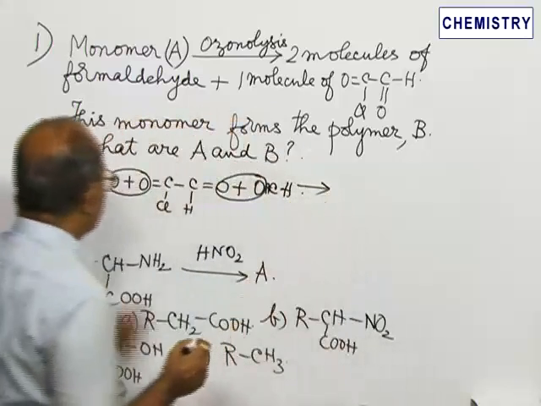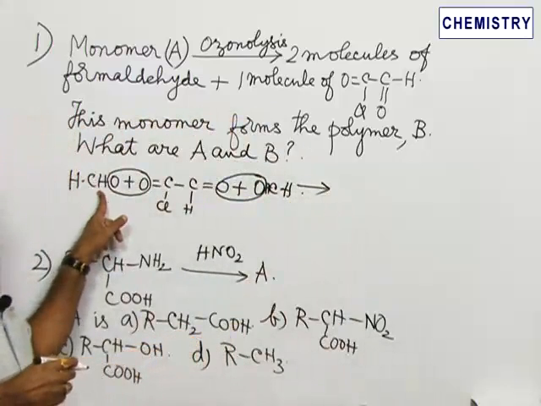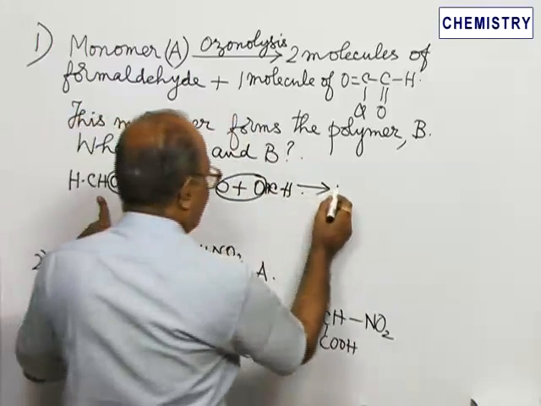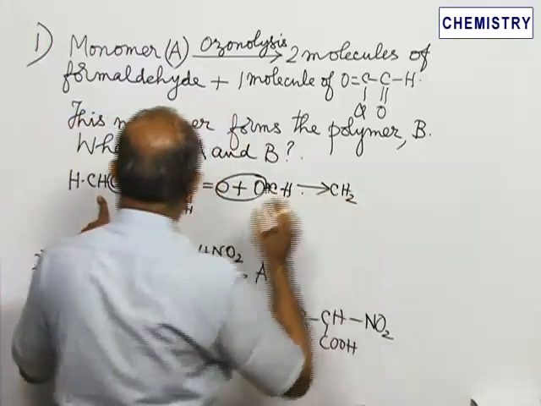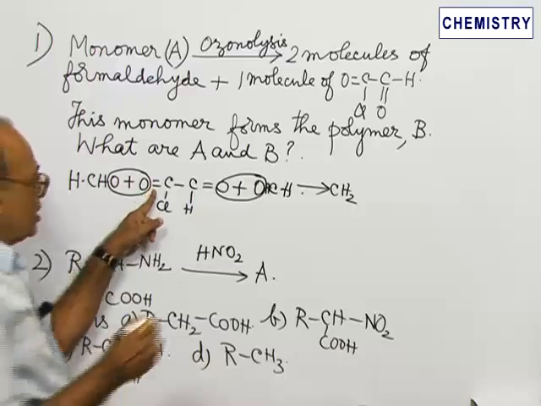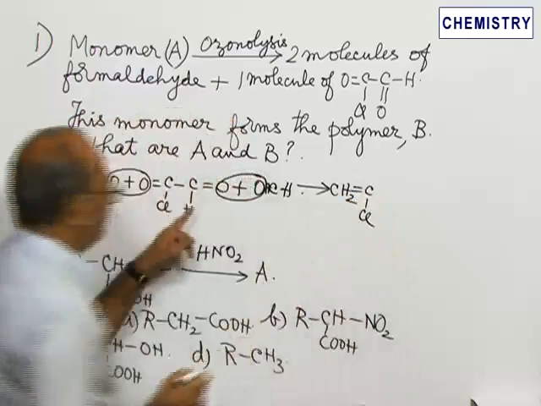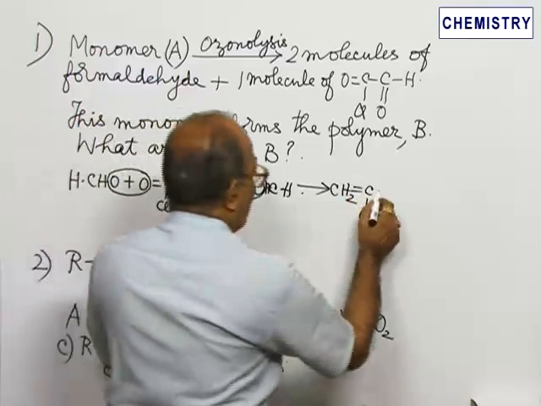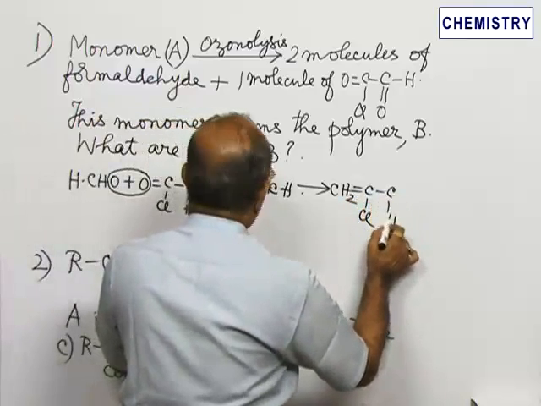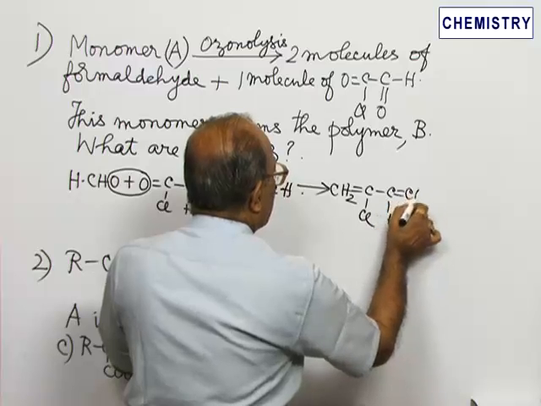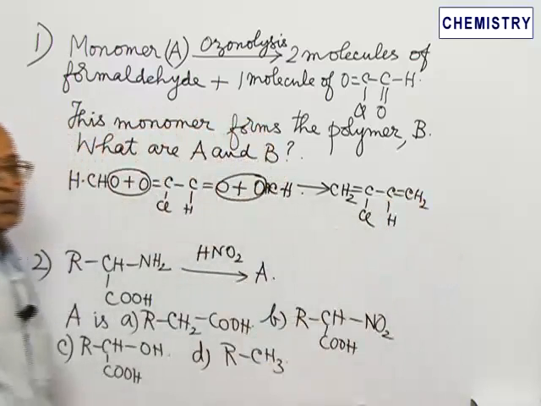I can write this as CH2, put a double bond, CCl, CH, double bond, CH2.